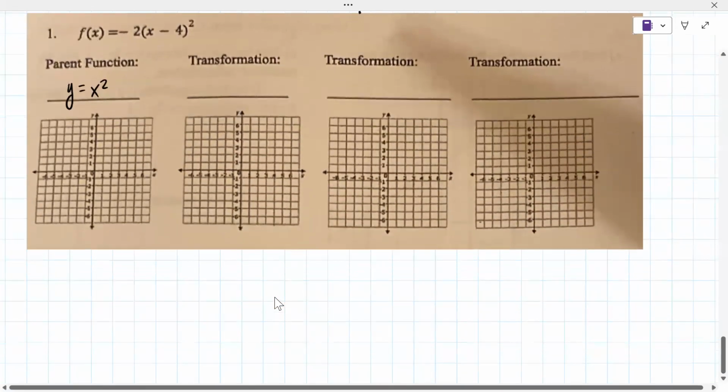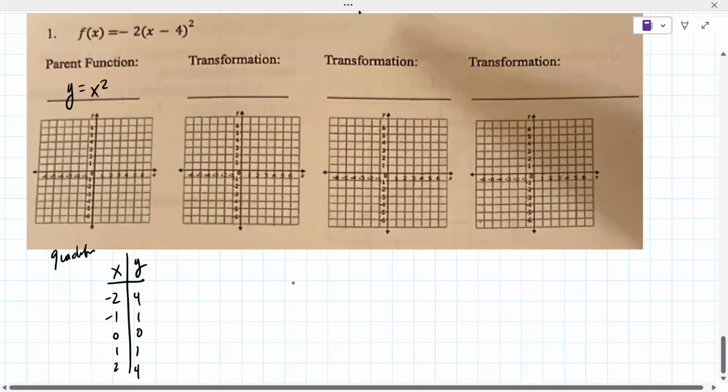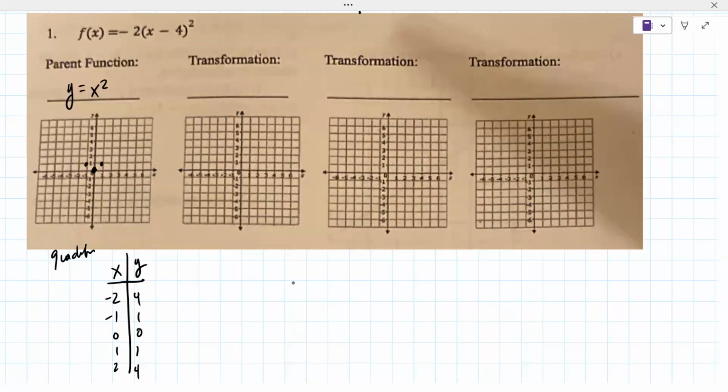We talked about the idea that you might want to know the parent function for this. So the parent function is the U-shaped graph.